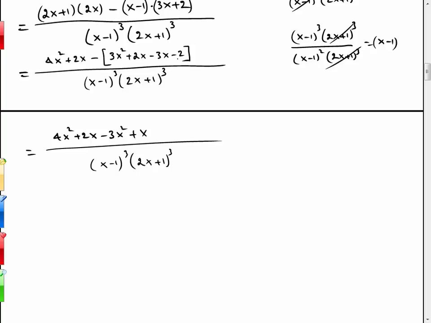And similarly we have minus negative 2, so instead of subtracting a negative 2, let's go ahead and add positive 2. And I'm sure you see that this simplifies to 4x squared minus 3x squared. Collect the like terms: 2x plus x is 3x, and we have 2.